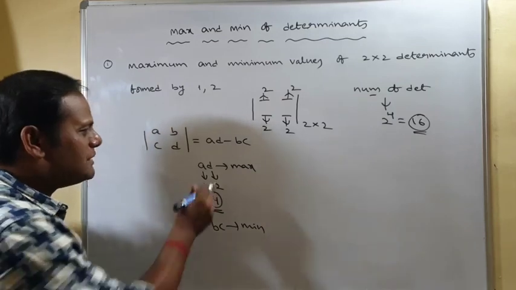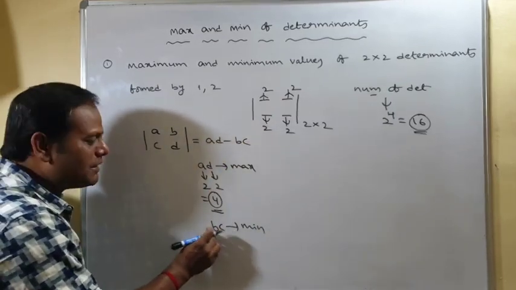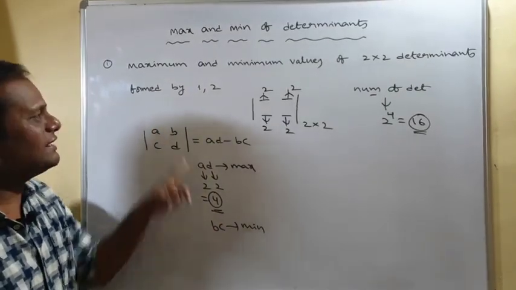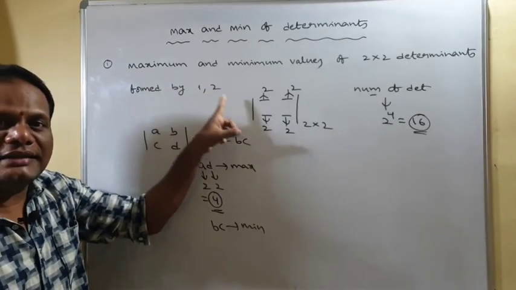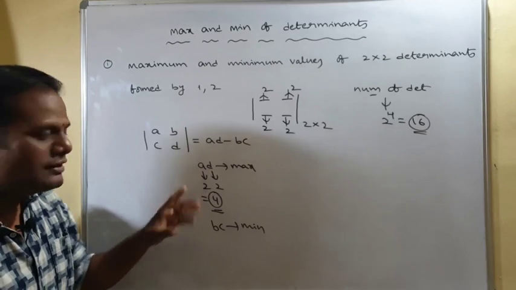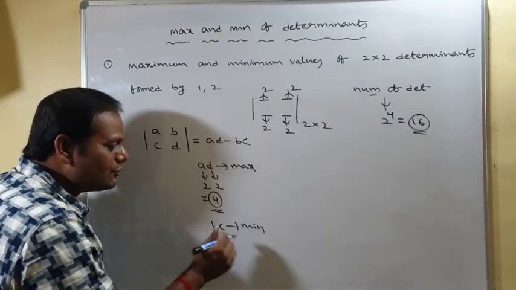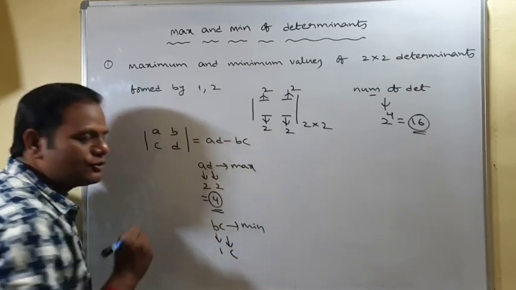BC must be minimum, so what values can we take in place of B and C? In place of B you can take either 1 or 2, and in place of C also either 1 or 2. But here we want the least value of BC. So in place of B we take 1, in place of C also we take 1.